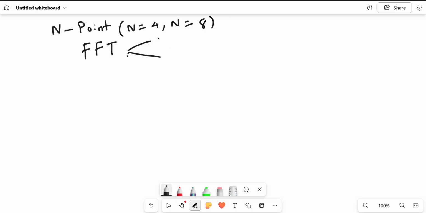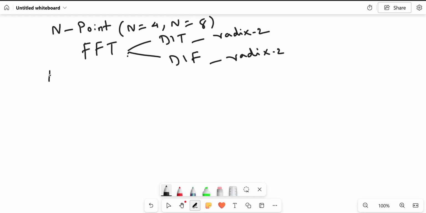In the FFT algorithm, decimation in time, decimation in frequency, radix-2 FFT, and both radix-2 FFT algorithms. So before solving some of the problems, last session we discussed the difficulties of DFT.